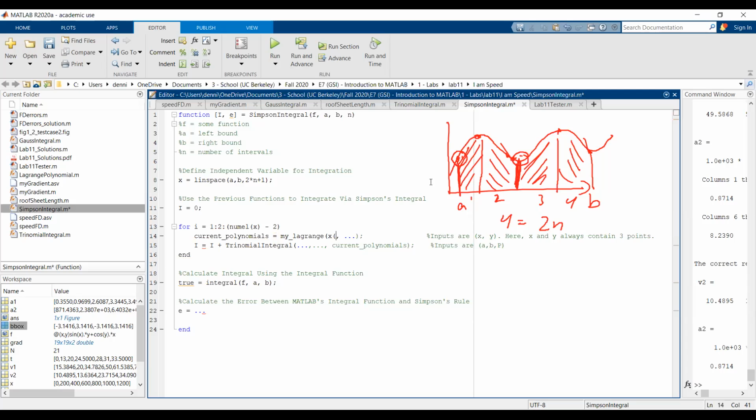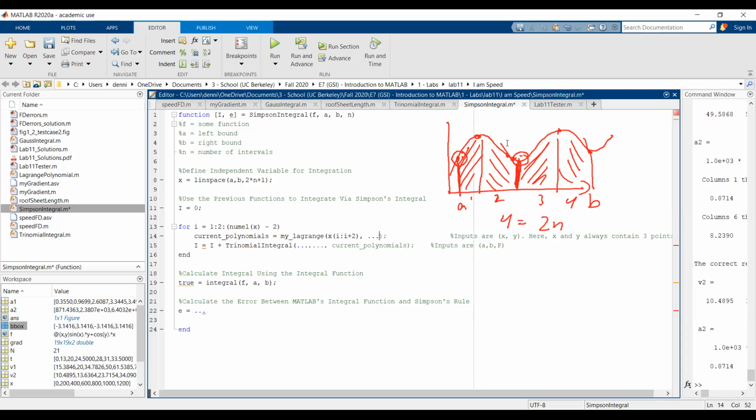Let's see, we want to have the first chunk. We can have x from i. So we'll start from 1, and we need to go to 3, so we'll do i plus 2. Once we do that, we'll have the first 3 points in x.